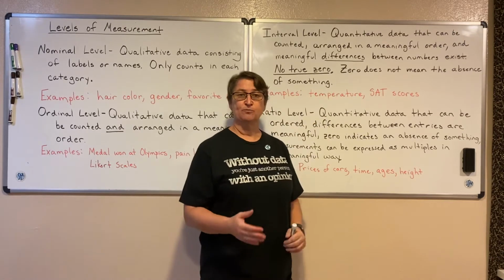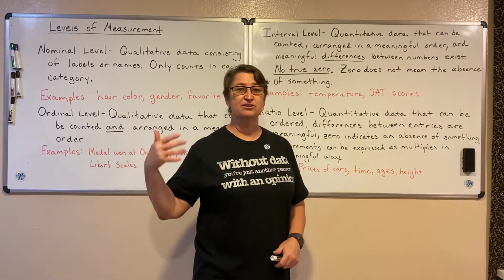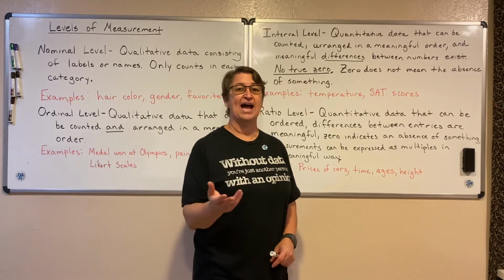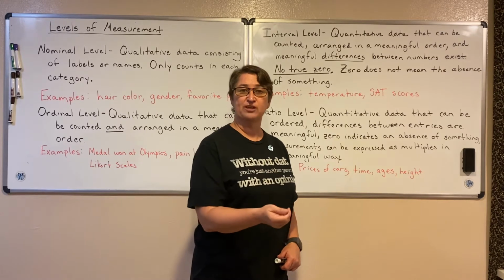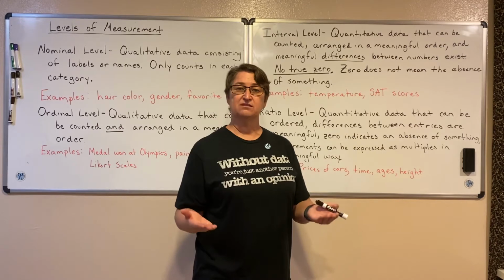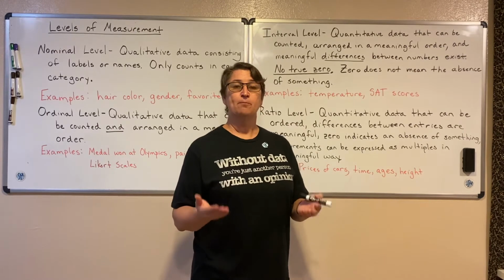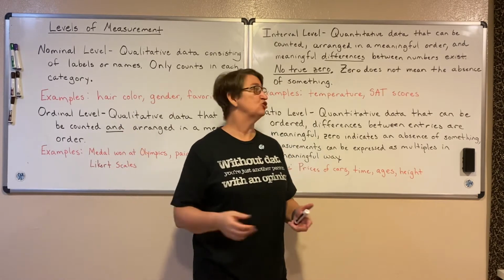In temperature, if I say there's a zero temperature, it doesn't mean that the temperature doesn't exist. In fact, think about the difference between our Fahrenheit scale and our Celsius scale. Zero on both of those scales means something different. But we can count the number of temperatures we have in each category.